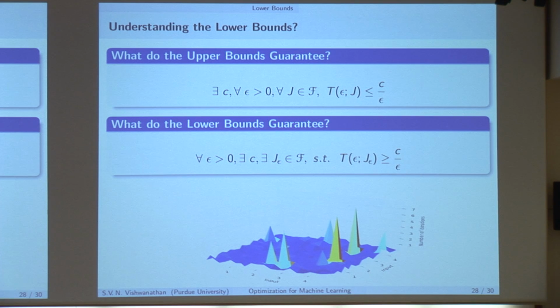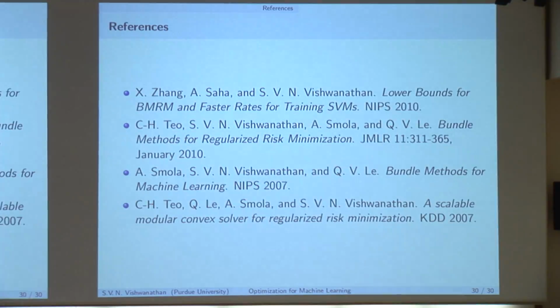This answers the question. And just to give you some references, there is a paper on the lower bounds which appeared in NIPS 2010. There is a paper on BMRM and all the details of the convergence proof that appeared in JMLR 2010. We did the convergence analysis first at NIPS 2007, and we presented the solver for the first time at KDD in 2007.